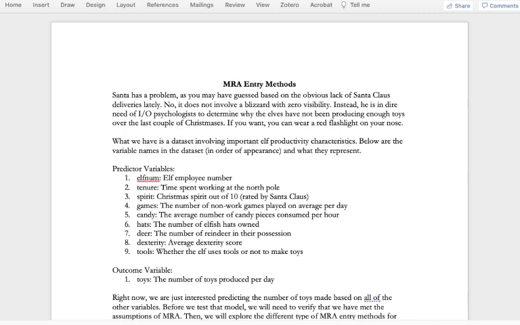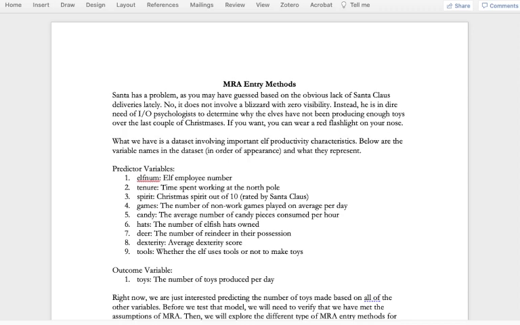And let's just talk about multiple regression. So, for this week's lab, we're going to continue working on regression. Today we're going to look at the rest of the assumptions.